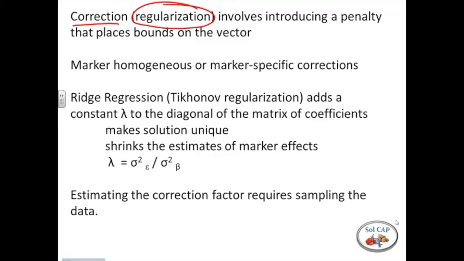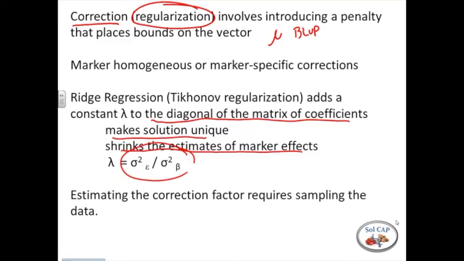So, you know, if we're talking U, which we're trying to estimate as a BLUP, that should not be greater than the variance itself. It should be restrained. Okay? And so in ridge regression, we're adding a constant to the diagonal of the matrix of coefficients that makes the solution unique, and it shrinks the estimates of marker effects. So in order to do this, we first have to sample the data so that we can get these estimates and then apply the proper shrinkage.